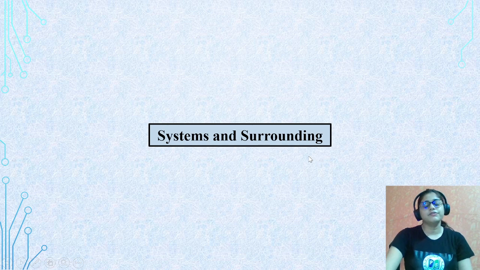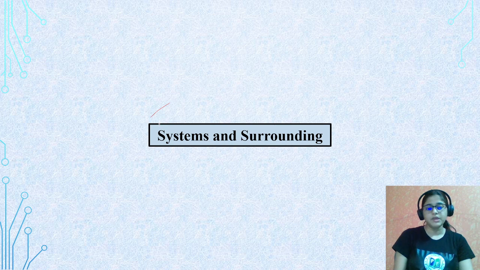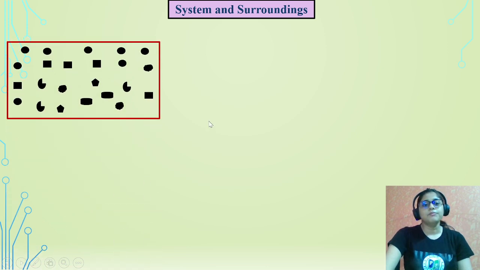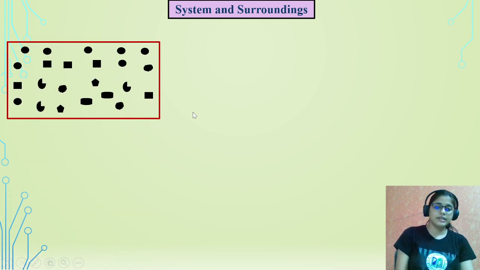So first we will know about systems and surroundings. Okay. So what is system and surroundings? Let's start then. So let's see one room. Let's consider a room having various kinds of shapes.